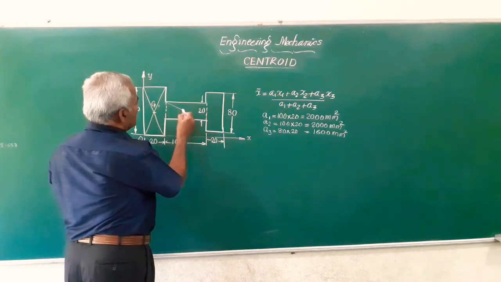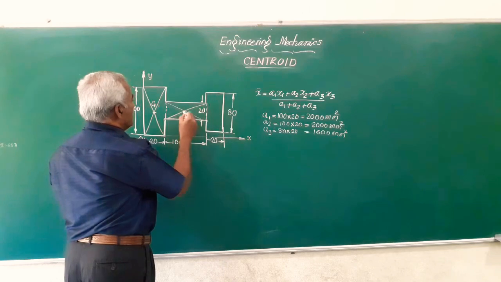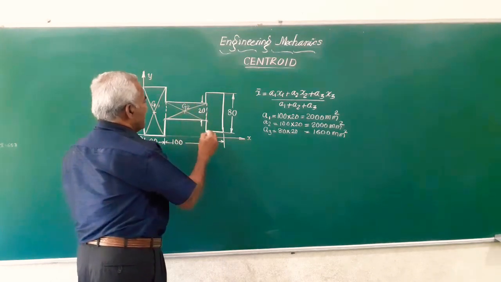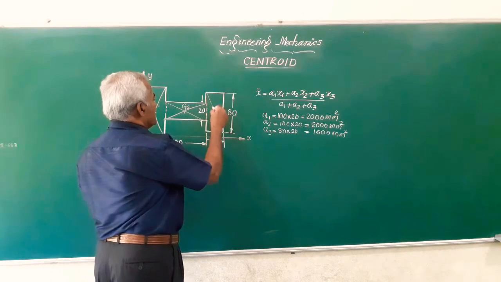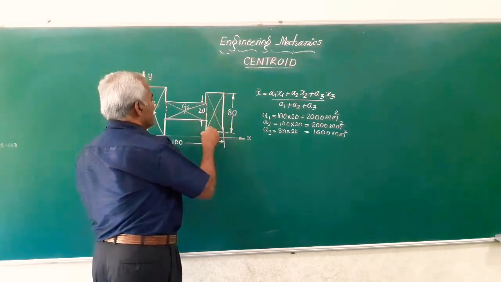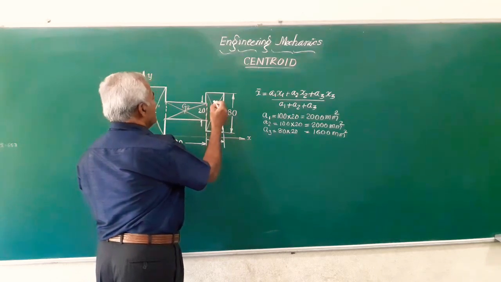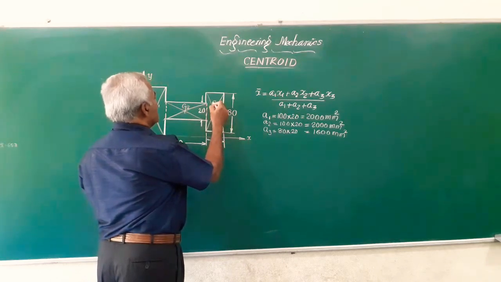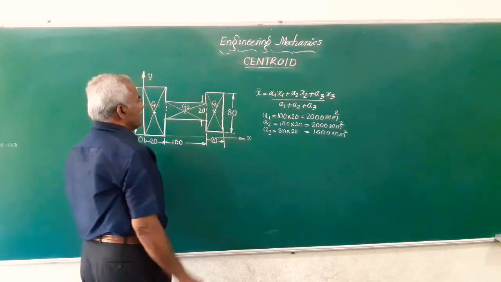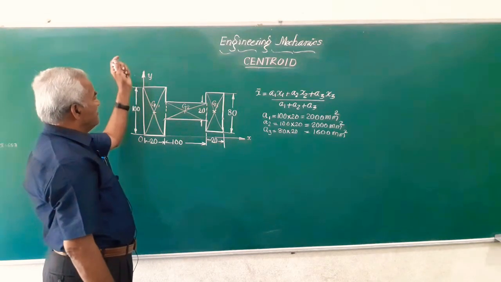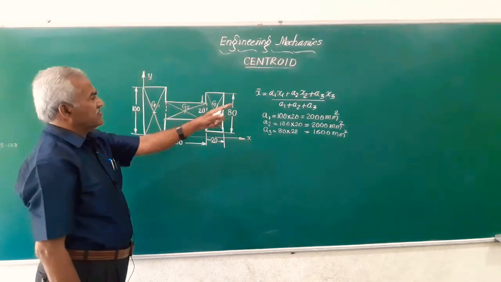In the same line, we can locate G2, the centroid of the second rectangle. Finally, for this rectangle, the location of the centroid is G3.